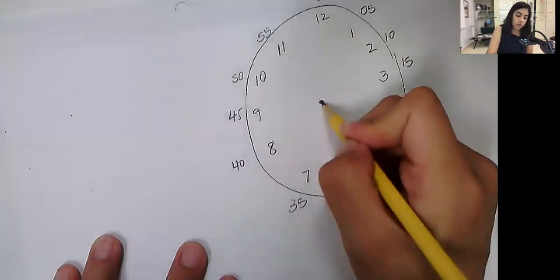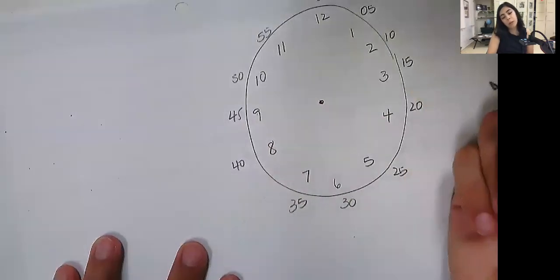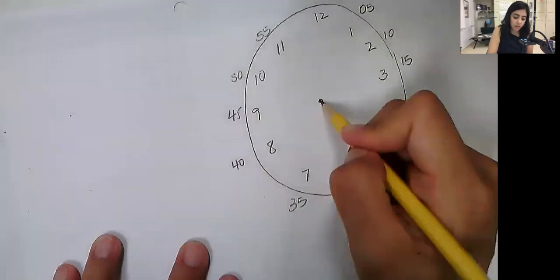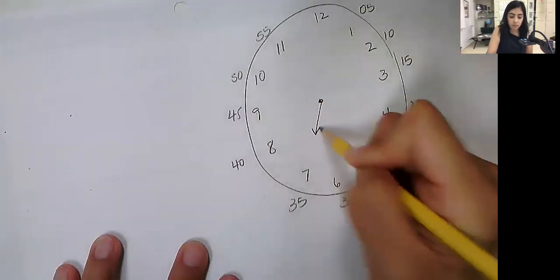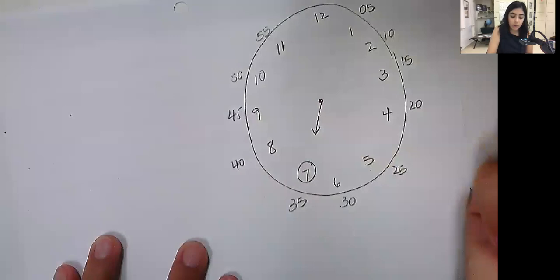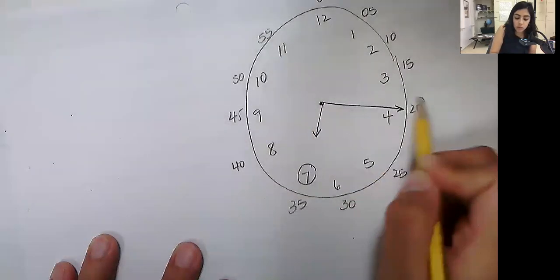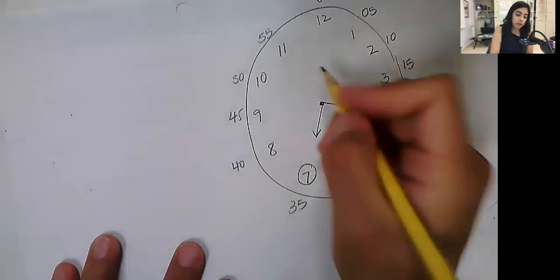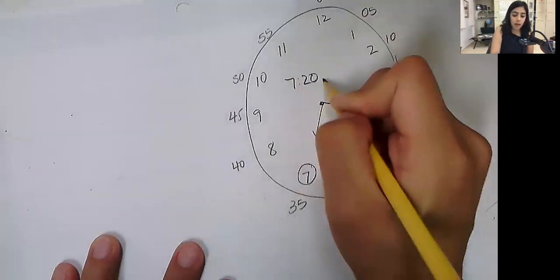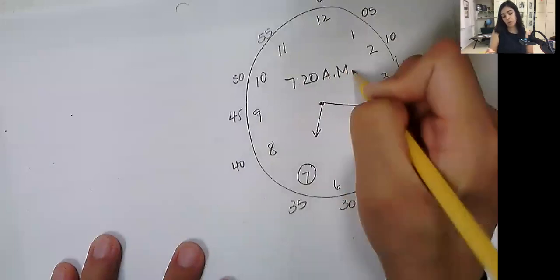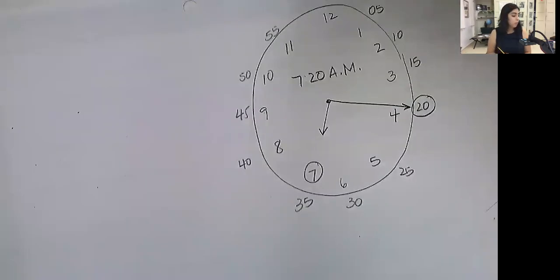I said it was 7:20, not 7:30 quite yet, but it will be. So my little hand points to the 7 because that's the hour, and my long hand points to the minutes. And it is 7:20, ante meridian. Perfect, go ahead and put pause if you need more time, boys and girls.